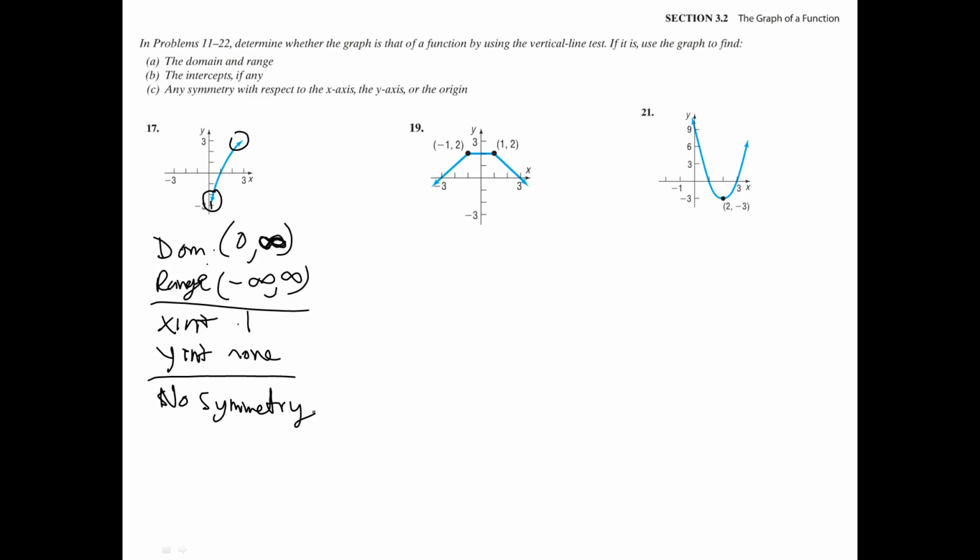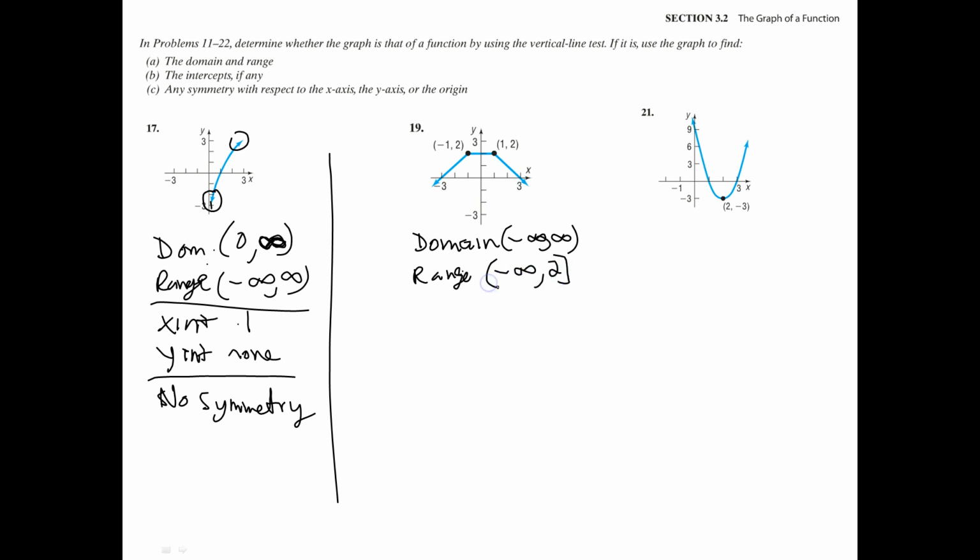Okay, and then 19, we have the domain being -infinity to infinity. We get to use all real numbers there, but the range is not. The range is going to go from -infinity up to 2, include 2.